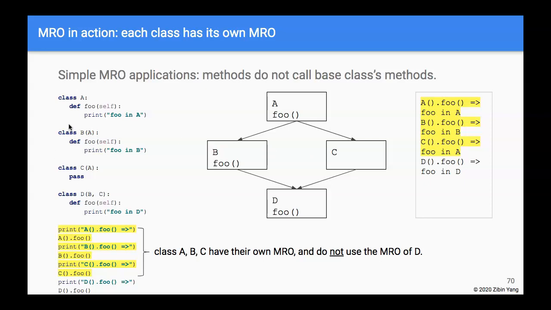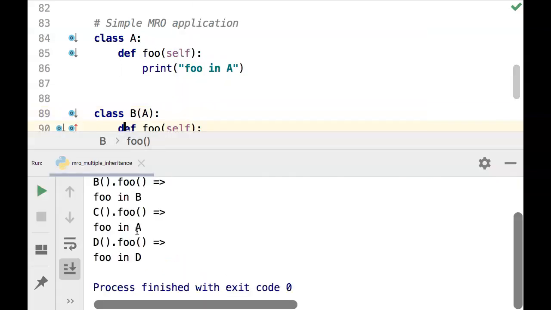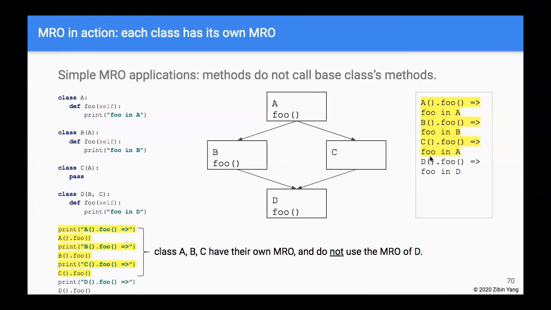To demonstrate that, I've defined a foo method for each of these classes except for C, and I instantiate an instance of each class and call the foo method on them. This is the result of running them, which I copied and pasted here. Let's look at, say, A and B. They define their own foo method, and it doesn't call anyone else's foo method.